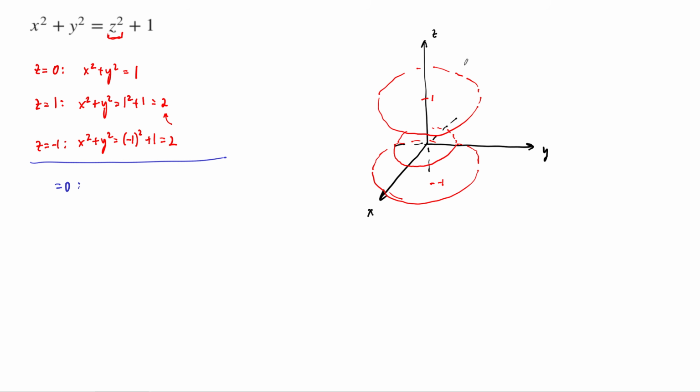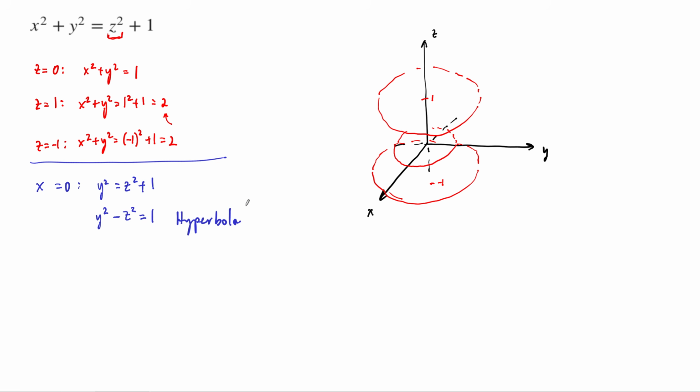I like to work in the yz plane because it's the plane of the screen. Now our equation is going to say y squared equals z squared plus 1. If we rearrange this, we can write y squared minus z squared equals 1. And so this looks like the equation of what? Yes, this is a hyperbola.